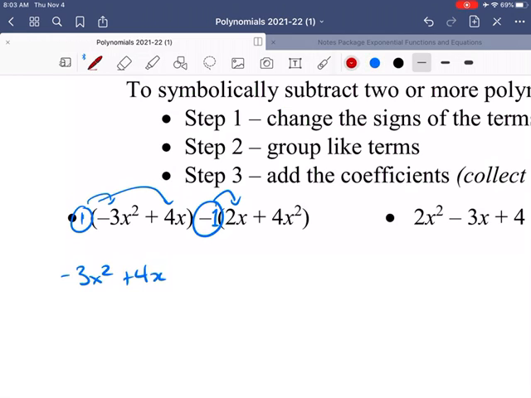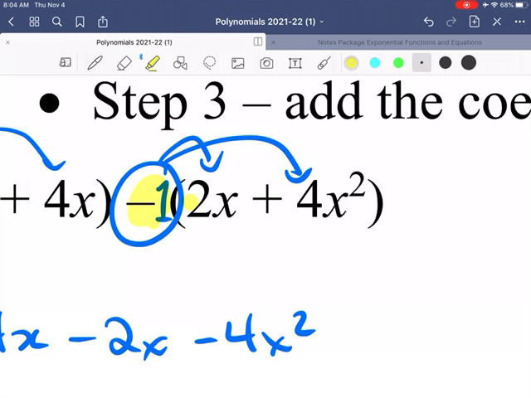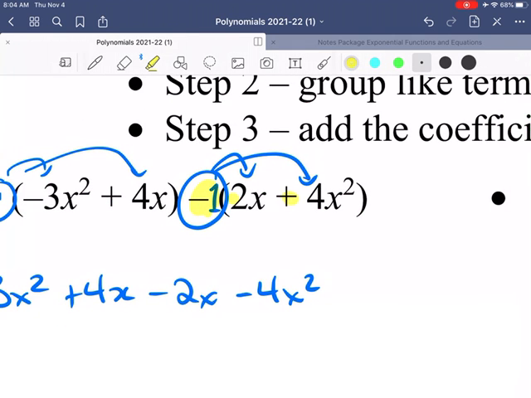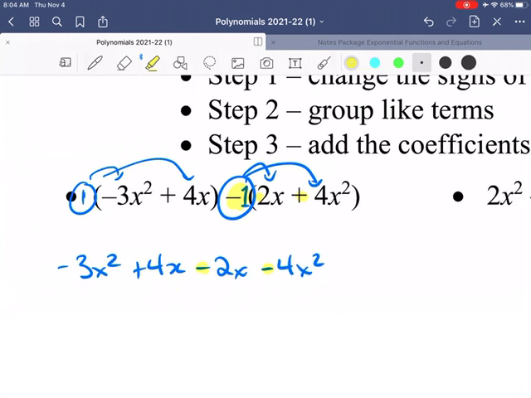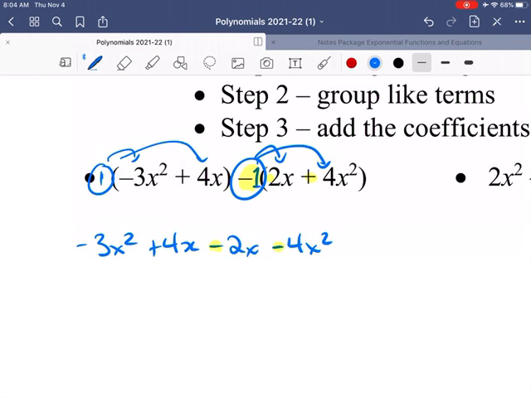Now in this case, when we're distributing this negative 1 multiplied by 2x gives me negative 2x, and negative 1 multiplied by positive 4x actually gives me negative 4x. So if you notice, the signs of the second binomial here, this was positive, and this was positive. They've both become negative. And then we can collect our like terms.